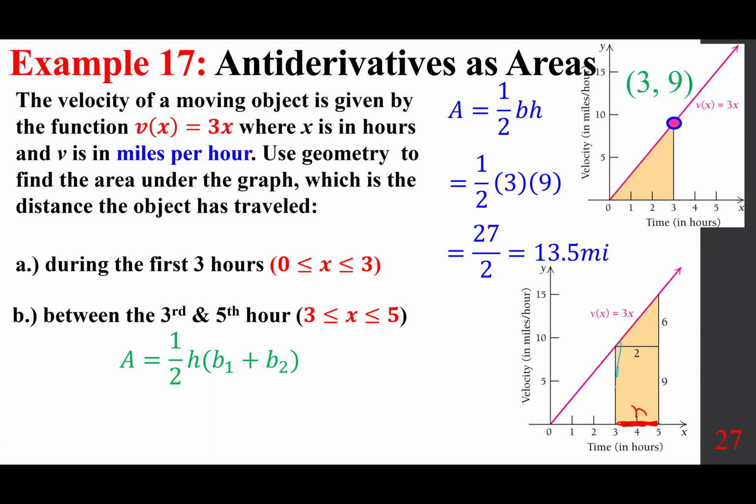Base 1, we have one of them is this distance, which again, remember this was 9. And one of them is this, which is 6 and 9, 15. If you want to go that route, of course, these two cancel each other. So the answer is 24 miles. As I mentioned, you can also find the total area here and subtract this much from it. Either way is fine, whatever is easier for you.